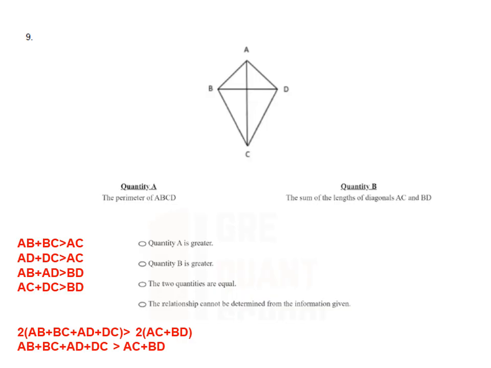Remove 2 from both sides and we get that AB plus BC plus AD plus DC, that is the perimeter of ABCD, is greater than AC plus BD, the sum of the lengths of diagonals AC and BD. So our answer will be option A. Quantity A is greater than quantity B.